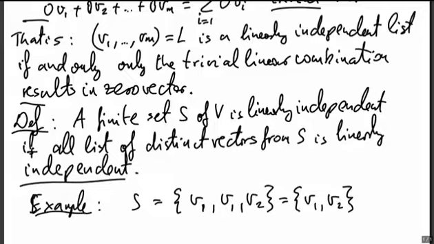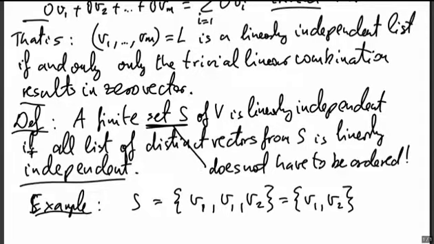We just usually write down one element only once. On the other hand, a set S doesn't have to be ordered. That means that if we have a set with two vectors v1 and v2, we consider this to be the same as the set with vectors v2 and v1. We don't care about order when we talk about sets.